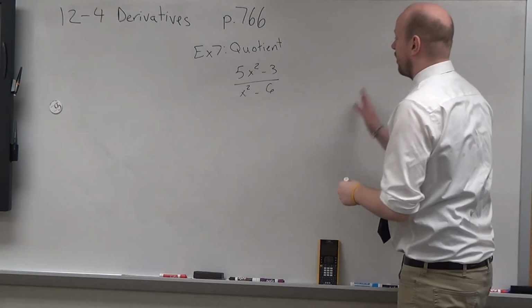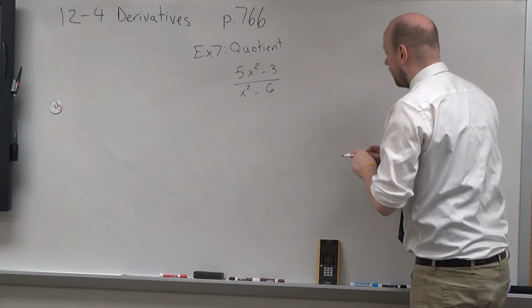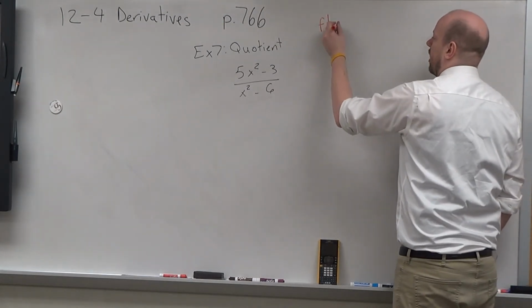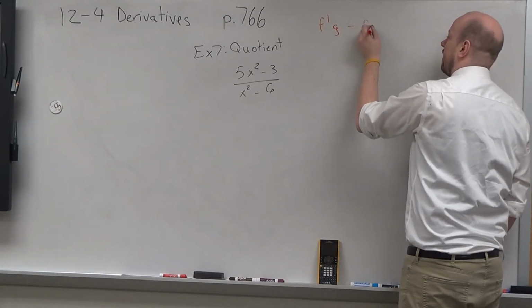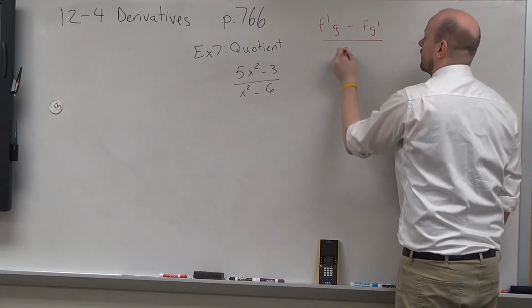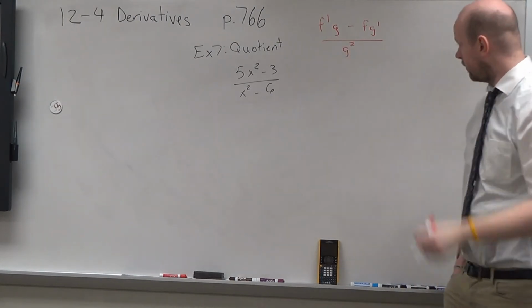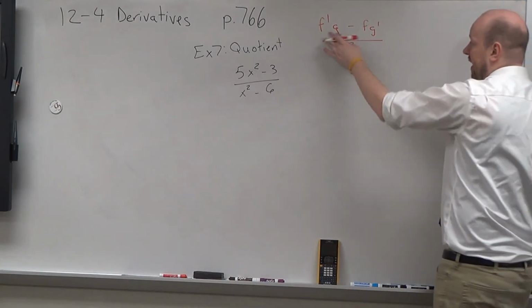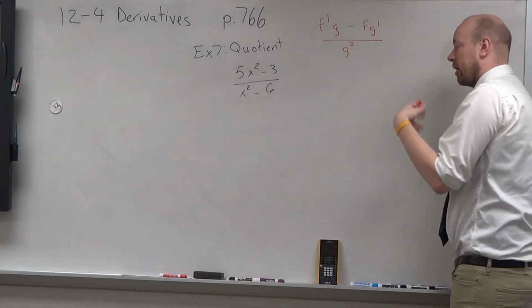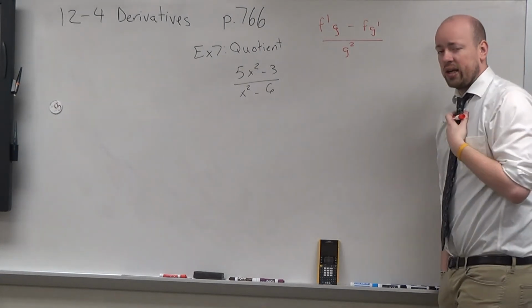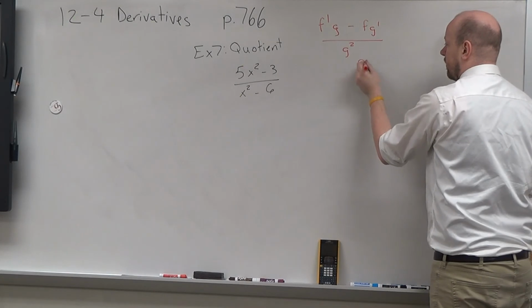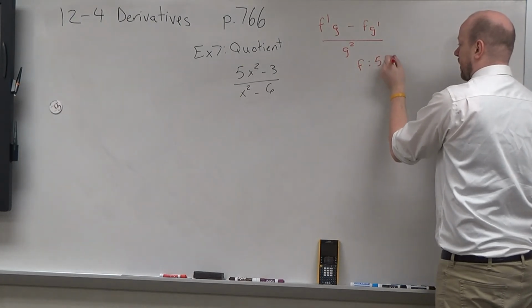Now, again, I'm just going to rewrite the quotient rule just so I can keep track. F prime g minus f g prime all over g squared. And then again, I'm going to find my f, my g, my f prime, my g prime just for organizational sake. So my f would be 5x squared minus 3.